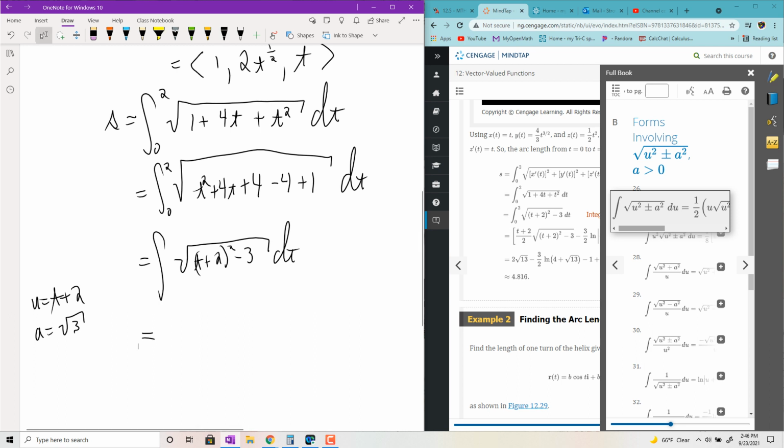So this should equal 1/2 times t plus 2 times the square root of t squared plus 4t plus 1. Then it's plus or minus, and in our case it's minus, then minus a squared, so minus 3 ln, absolute value.